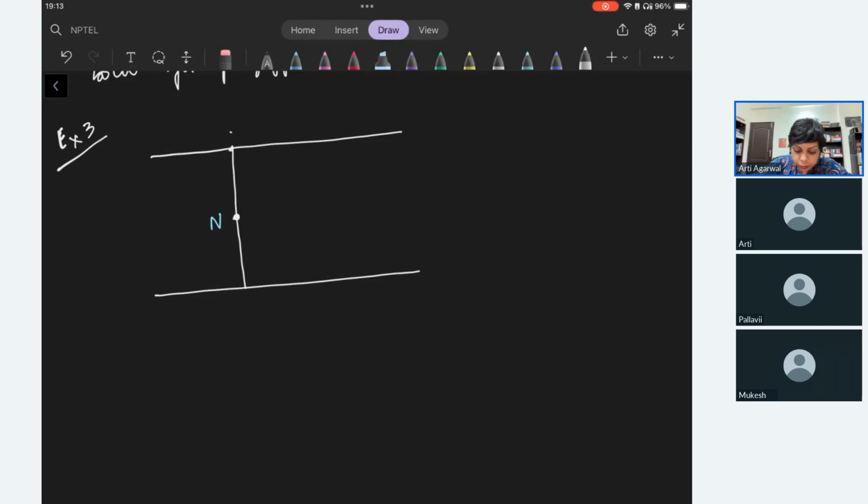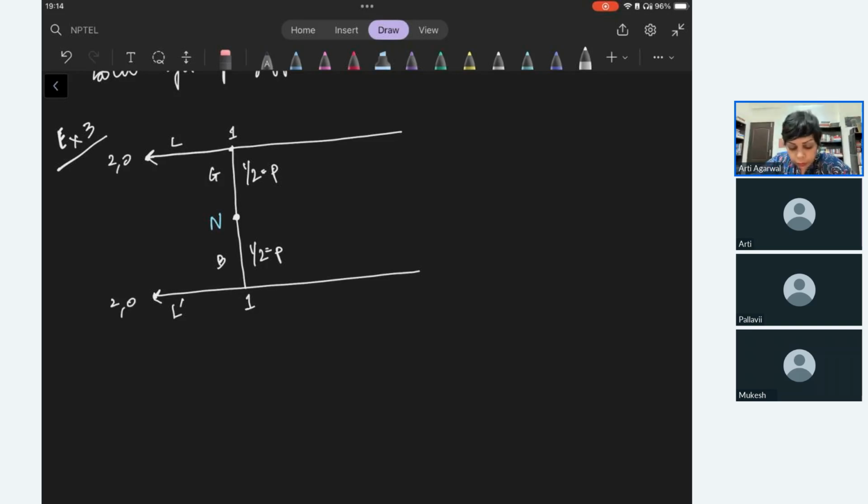This is player 1, this is type G and this is type B. And nature is selecting the type for player 1 with probabilities half. You can say this is P, the probability with which nature is acting. And when you reach the node L or L prime, the payoffs are 2, 0 here and 2, 0 here.